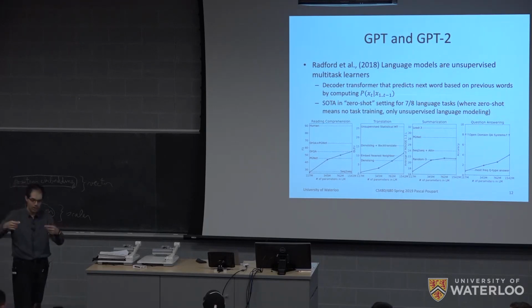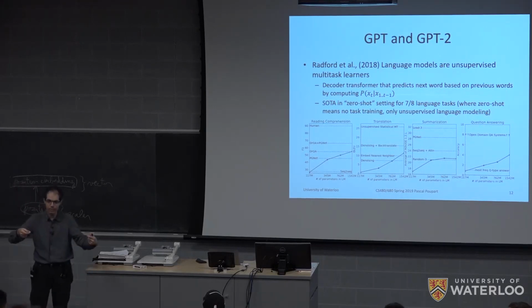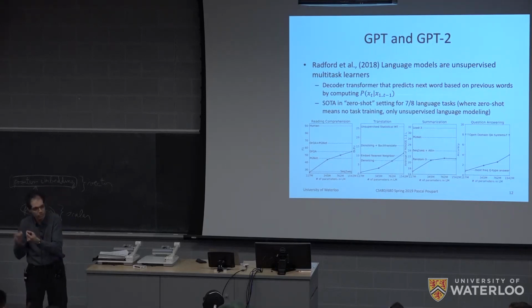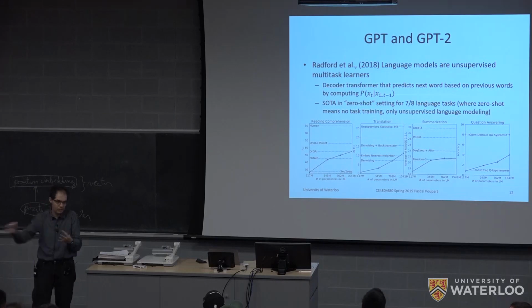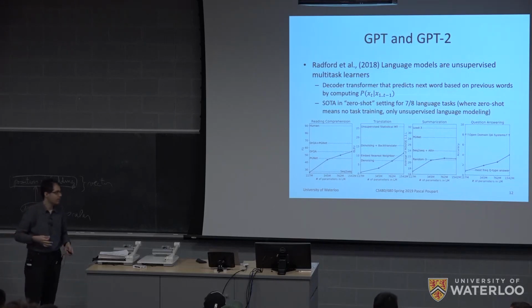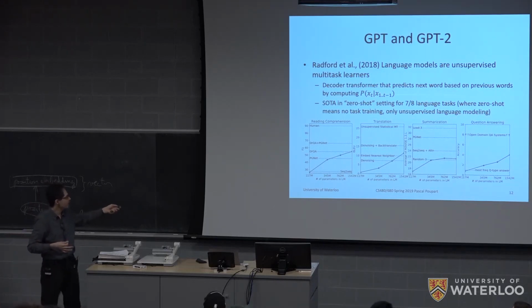So the decoder attends to the previous outputs, which could be considered the inputs, and it never attends to the future output, so it can just generate sequentially, right? So that's the main thing. Compared to the transformer network, they essentially just got rid of the encoder. The other thing they did here is what they call zero-shot learning.